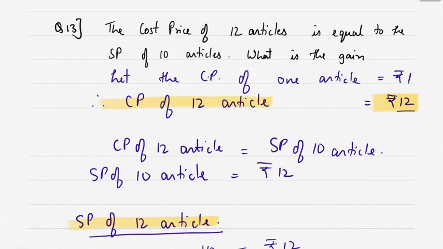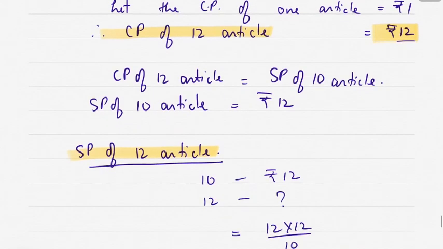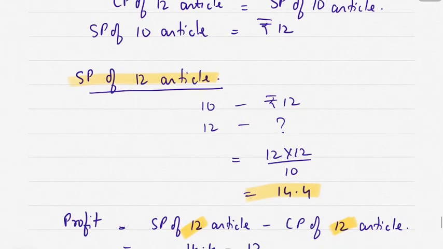So cost price of one article is rupees 1, therefore cost price of 12 articles will become rupees 12. And cost price of 12 articles is equal to selling price of 10 articles. You know cost price of 12 articles; convert selling price of 10 articles into selling price of 12 articles. You know selling price of 10 articles, you need selling price of 12 articles.